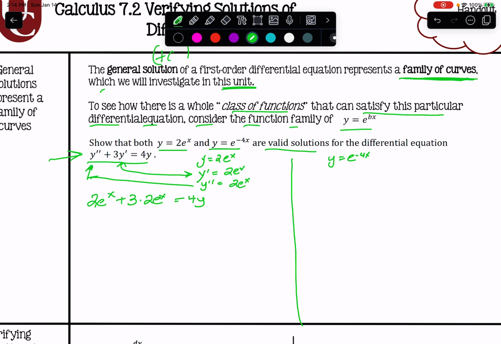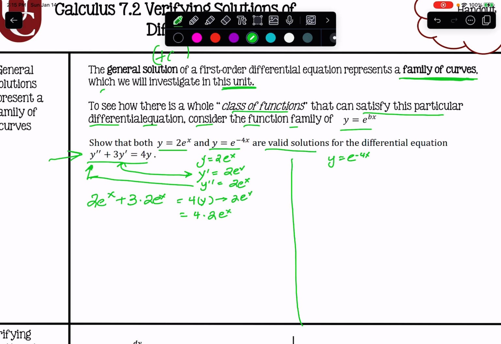So now I should have substituted in y, which is equal to 2e to the x. So that's equal to 4 times 2e to the x.